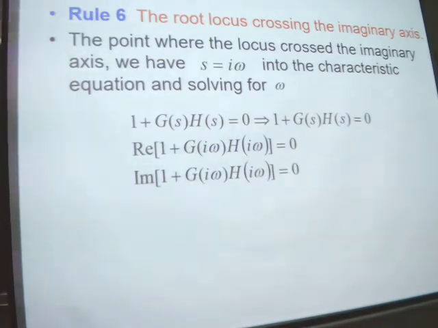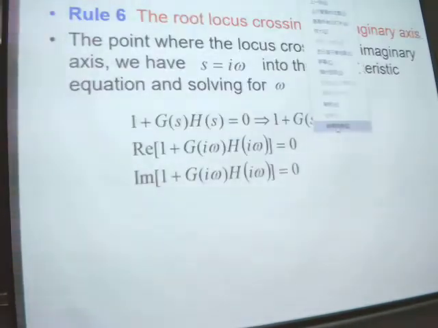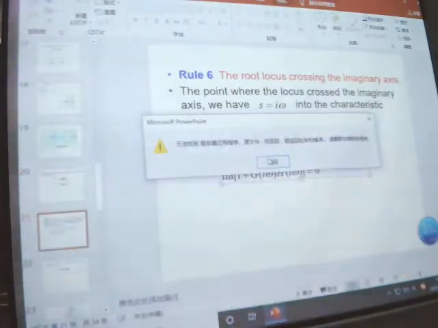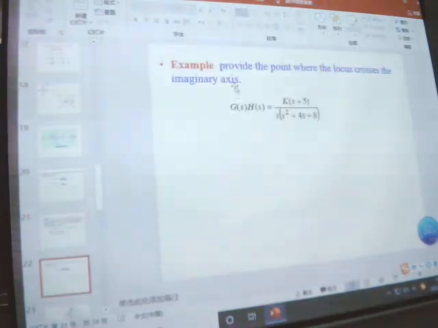It is easy to look. G(j omega). Okay, the example. Find the point where the locus crosses the imaginary axis.